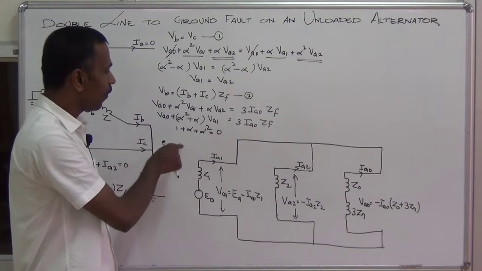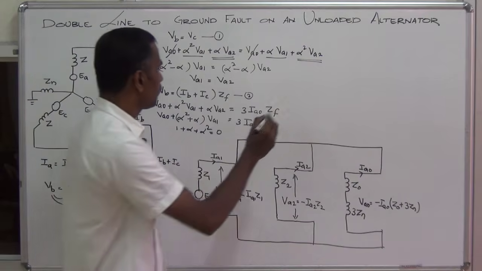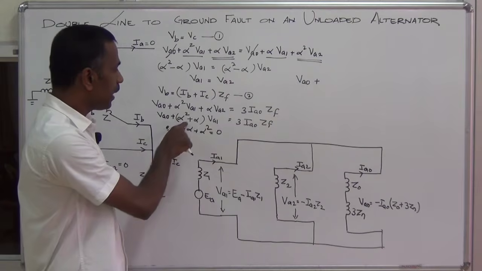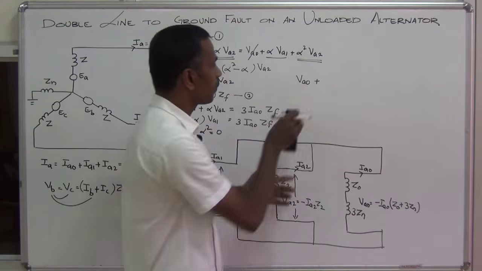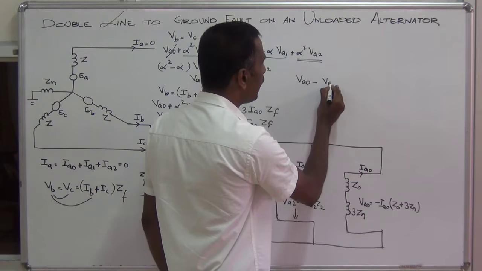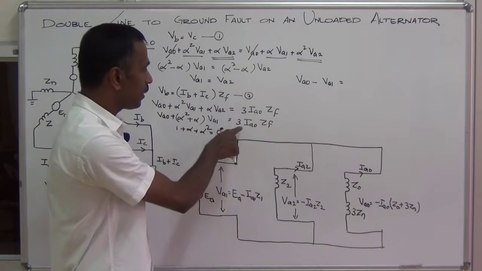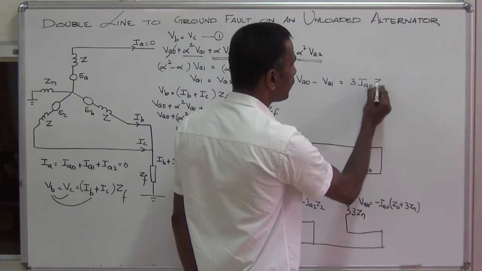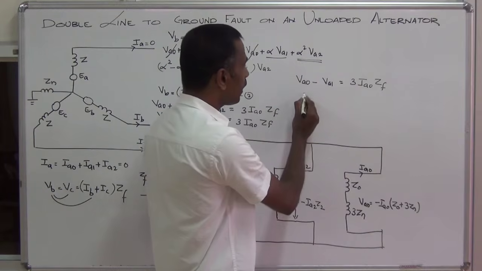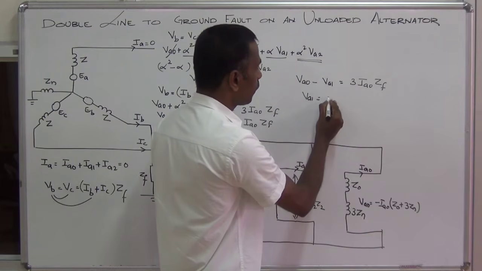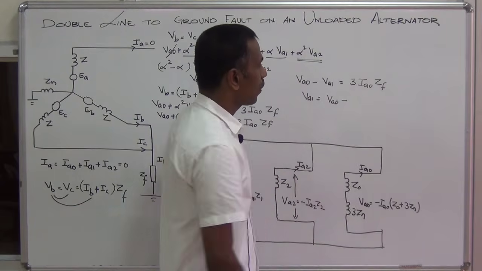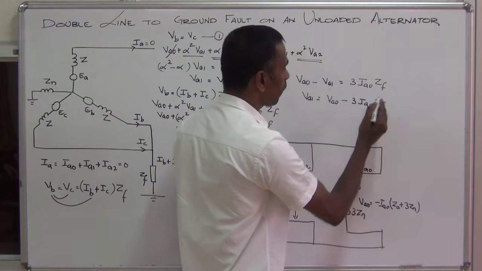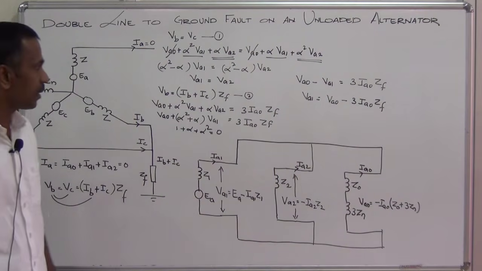So alpha square plus alpha equals minus 1. So VA0 plus minus 1 into VA1, that is VA0 minus VA1, equals 3 IA0 ZF. Or VA1 equals VA0 minus 3 IA0 ZF. So this is our other condition.